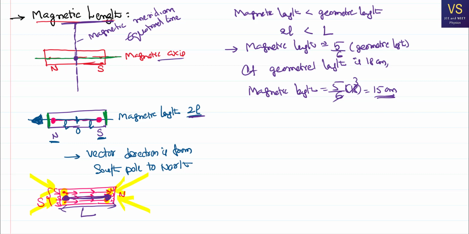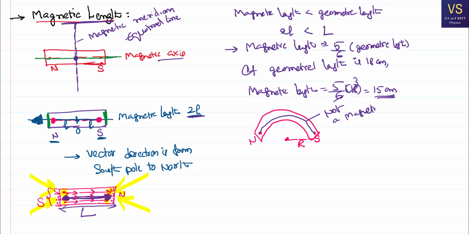So let me tell you one more scenario. Imagine a magnet like this. This is a magnet in a semicircular shape whose radius is equal to r. This is the north pole, this is the south pole. Be clear and careful that this is not the magnetic length.